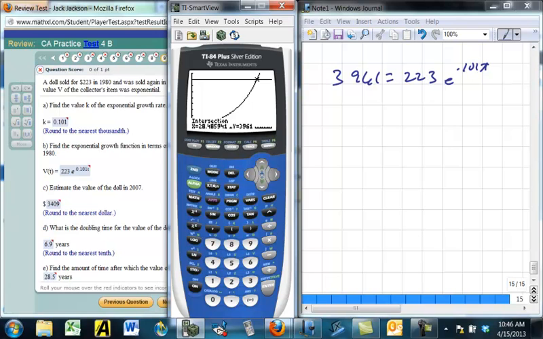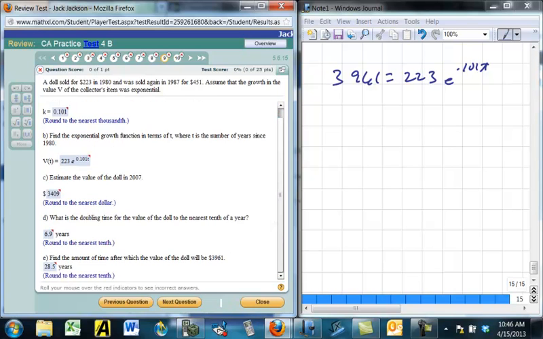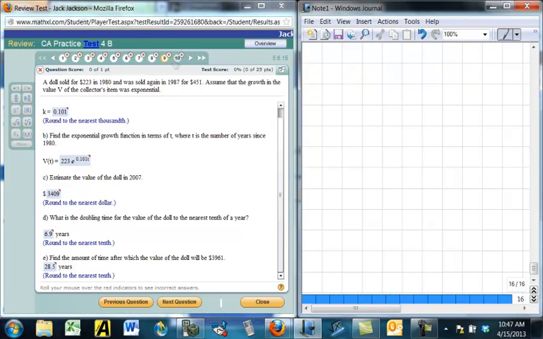And now it's 28.5. So it does make a difference whether you round off in the middle. Unfortunately, this problem does it the wrong way. You're going to need to round off and then use the rounded off version to complete the rest of the problem. Not really the best way to do that.